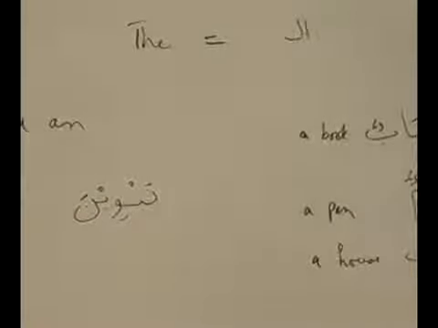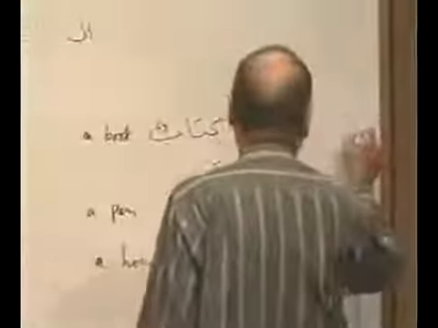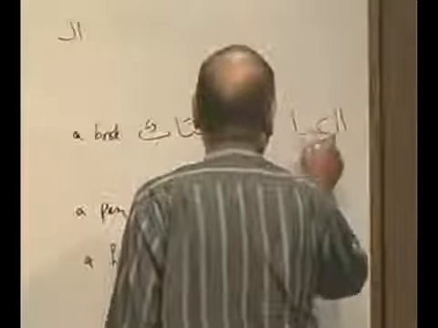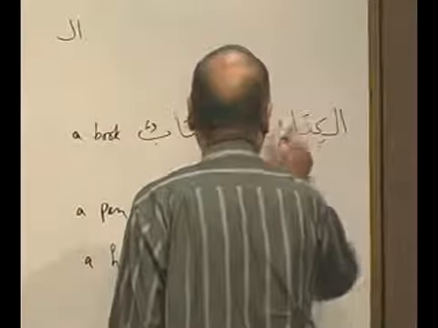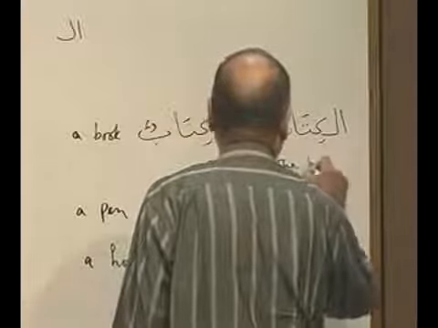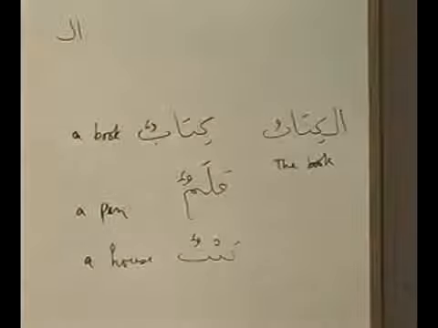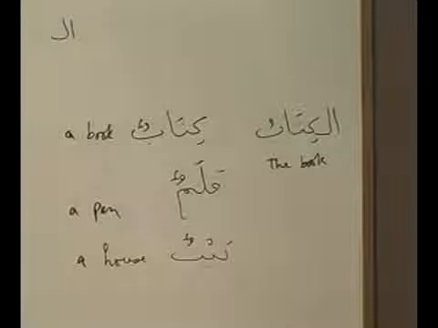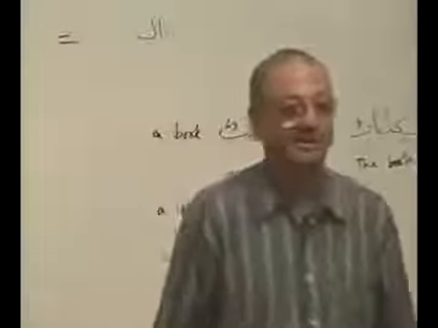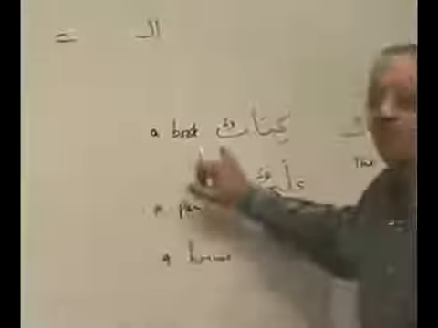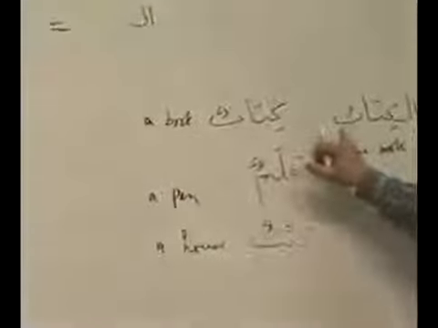What will I do now? Al-kitabu. I cannot have tanween. Al-kitabu. The book. Okay, brothers and sisters? Now you see, as soon as I put al, like magic, one vowel sign got dropped. Instead of bun, it became bu.